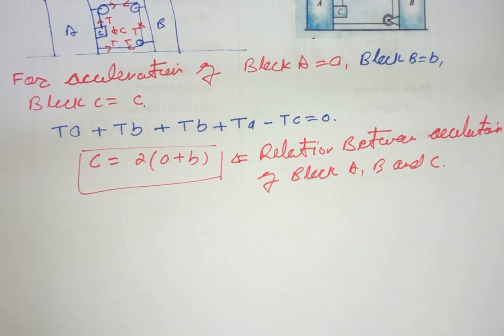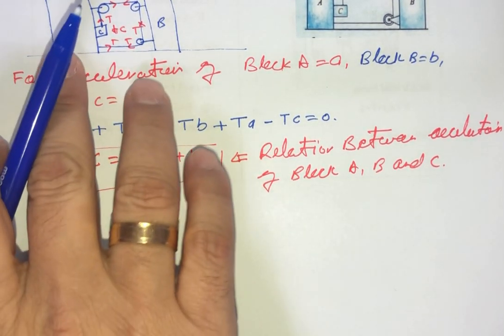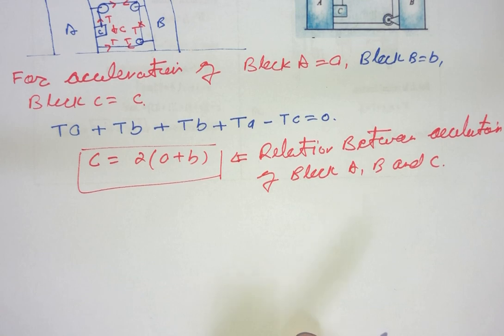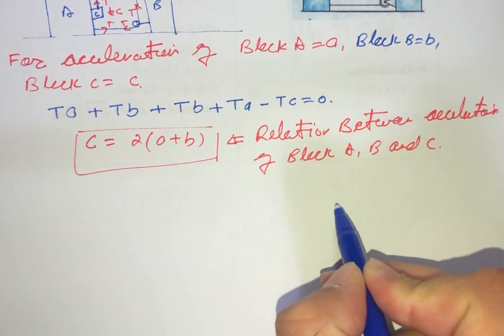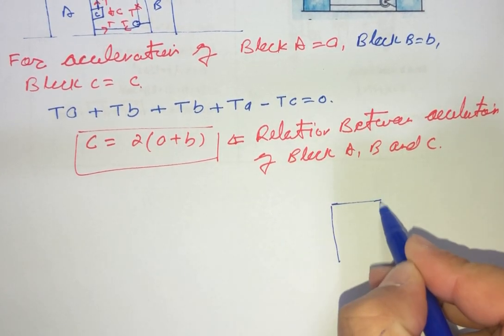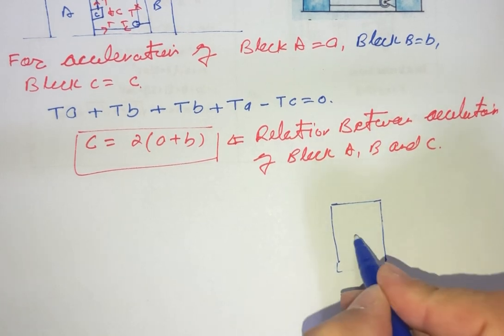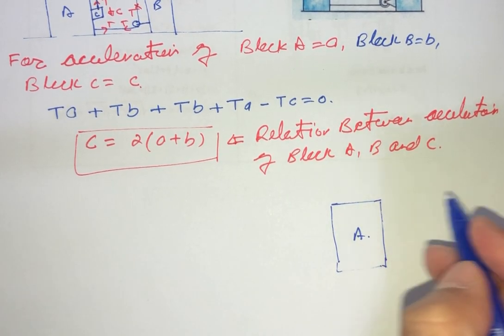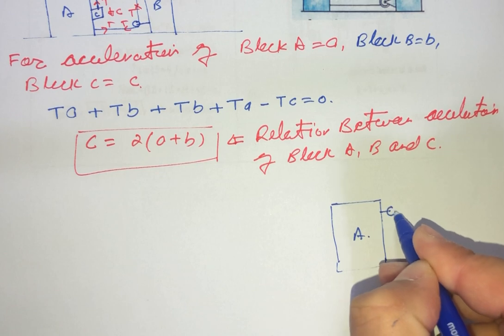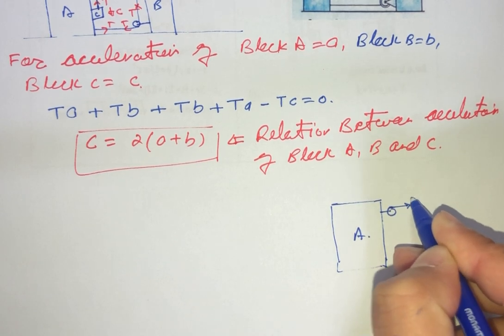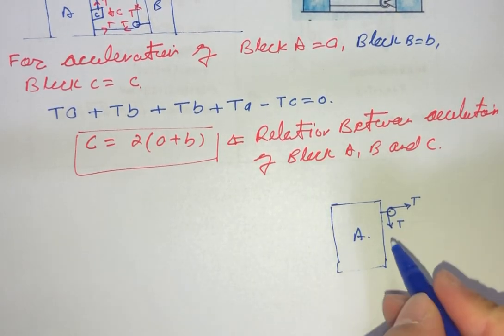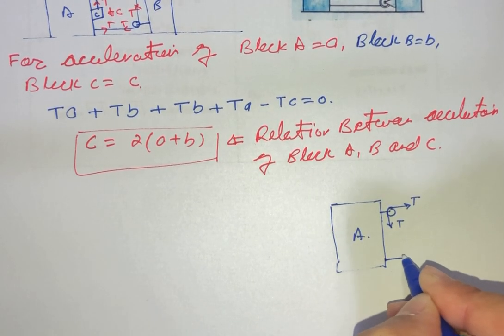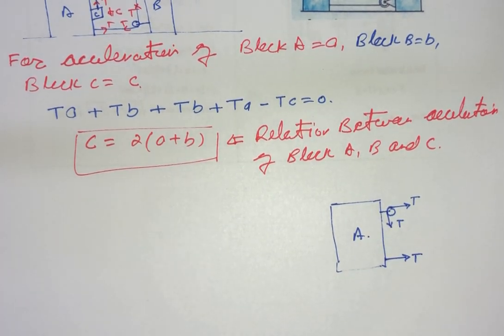Now let's draw the free body diagram of the blocks one by one and try to find all the relevant equations for them. First of all for block A. So this is block A, and we have a pulley here with a string with tension T in this direction and T here, and there will be tension here also.